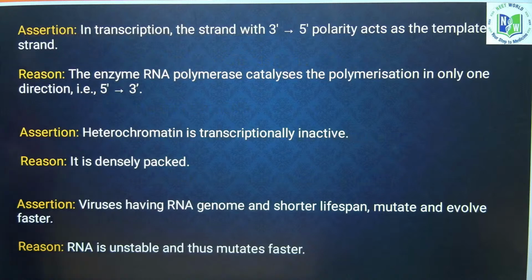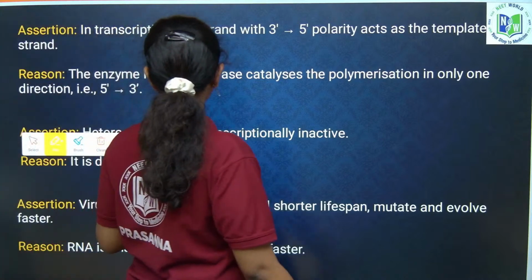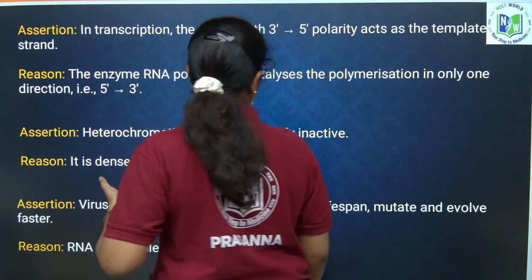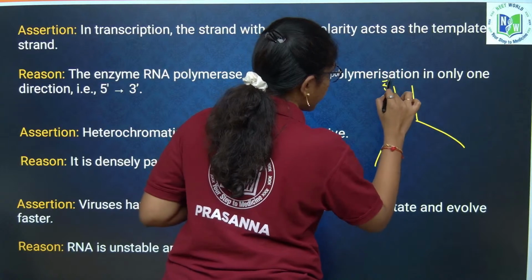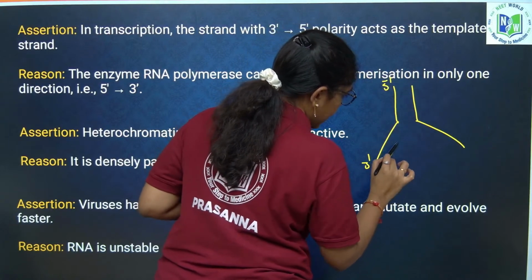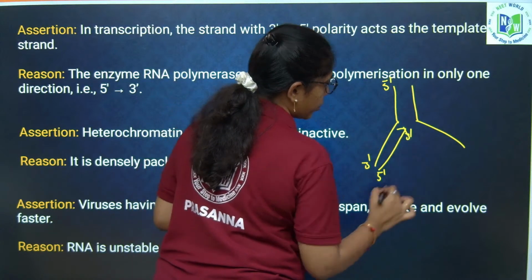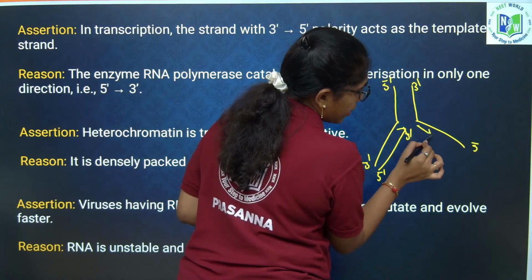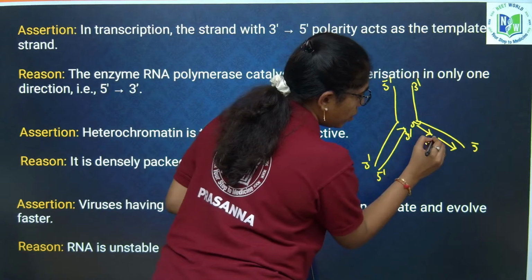Here, if you look at the assertion: in transcription, the strand with 3' to 5' polarity acts as the template strand. Let us recall the diagram. The leading strand towards the replication fork forms 5' to 3', and the lagging strand forms away from the replication fork.